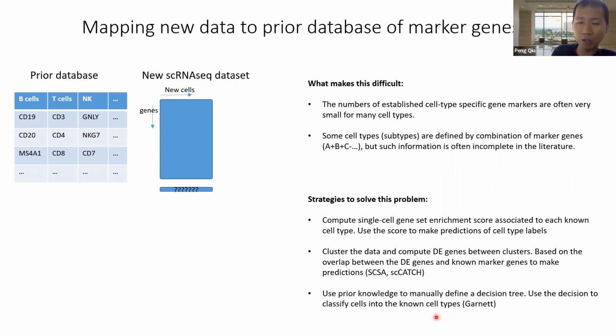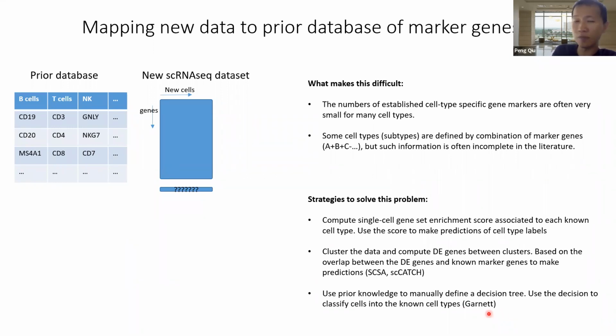And then after making that first high level decision of which lineage cells belong to, they use other markers to try to further separate cells into subtypes. So the hierarchical decision tree approach that Garnet takes pretty much follows the flow cytometry analysis.